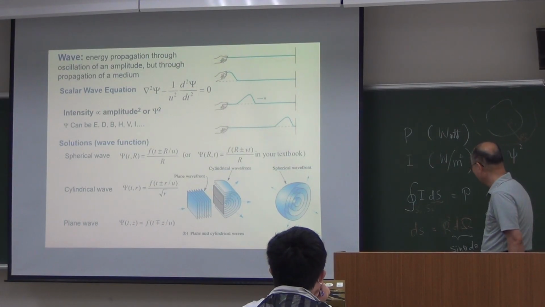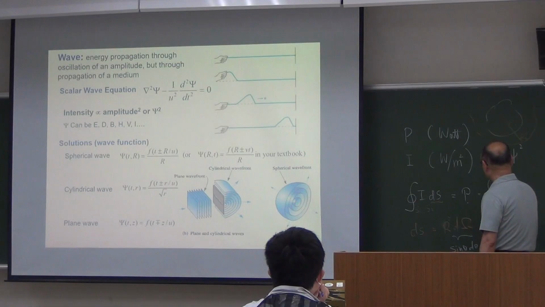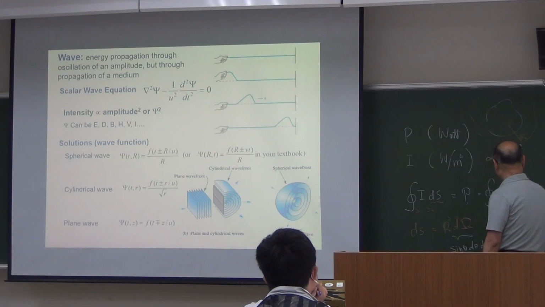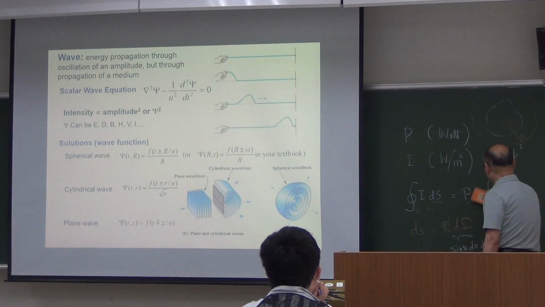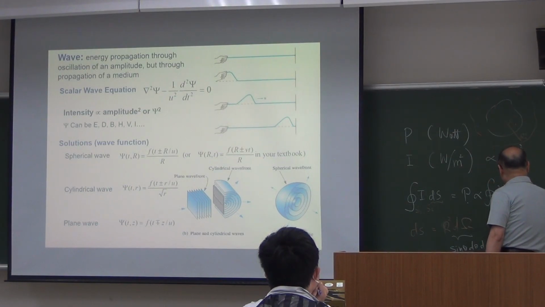Right. So this means that if you want to keep this as a constant, then you will be doing an integration like this, I proportional to now psi square r square d omega.